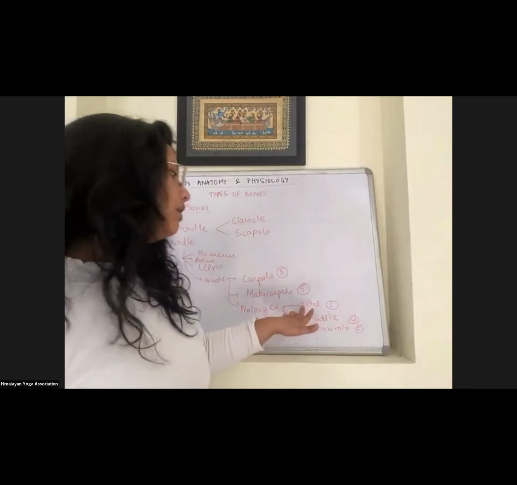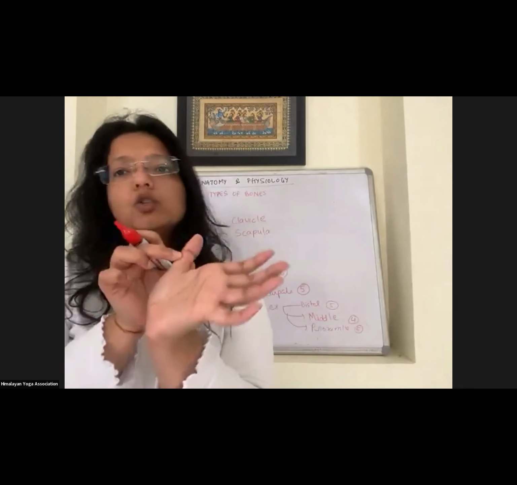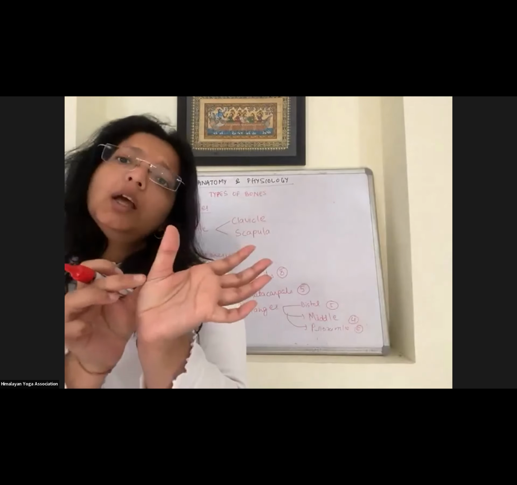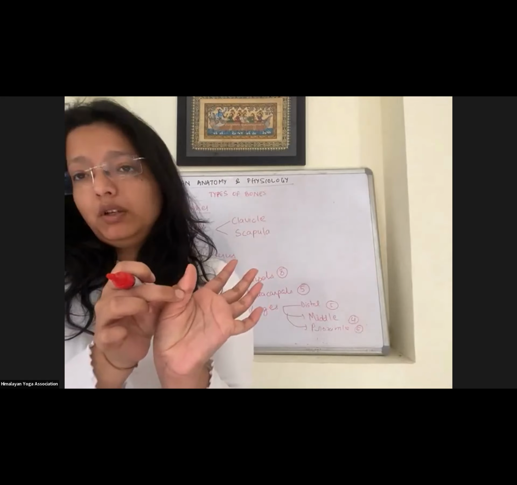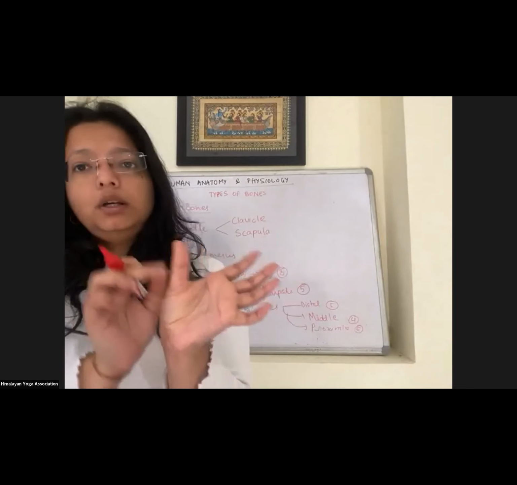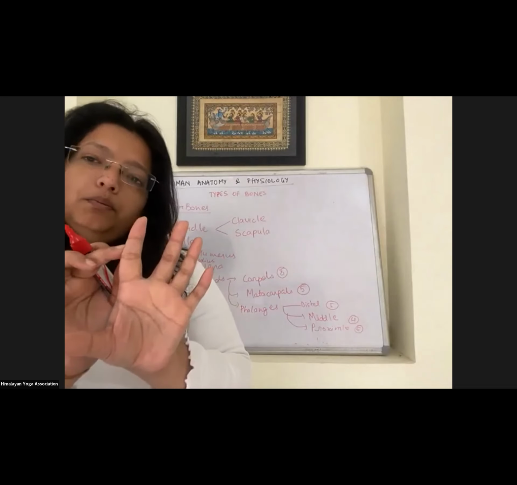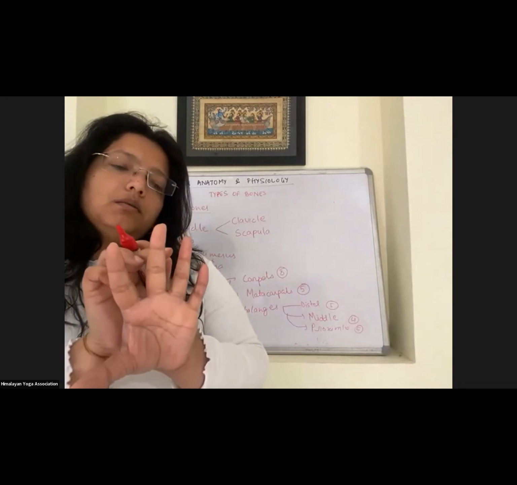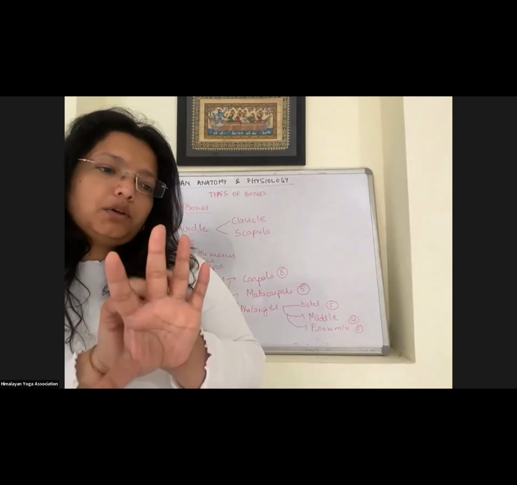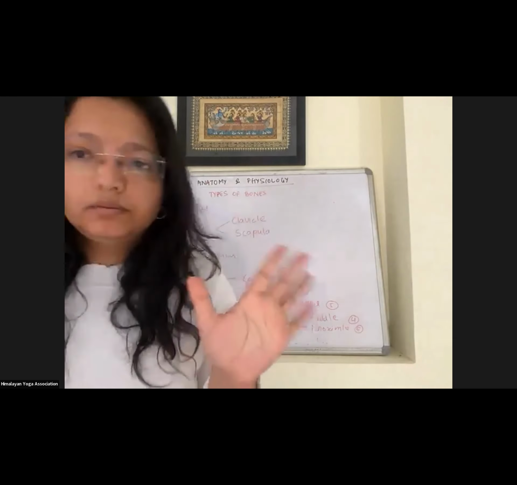So distal 5, proximal 5, but in thumb there is no in between. There is origin and there is away from the origin. There is nothing in between. So here in this we don't have any medial.